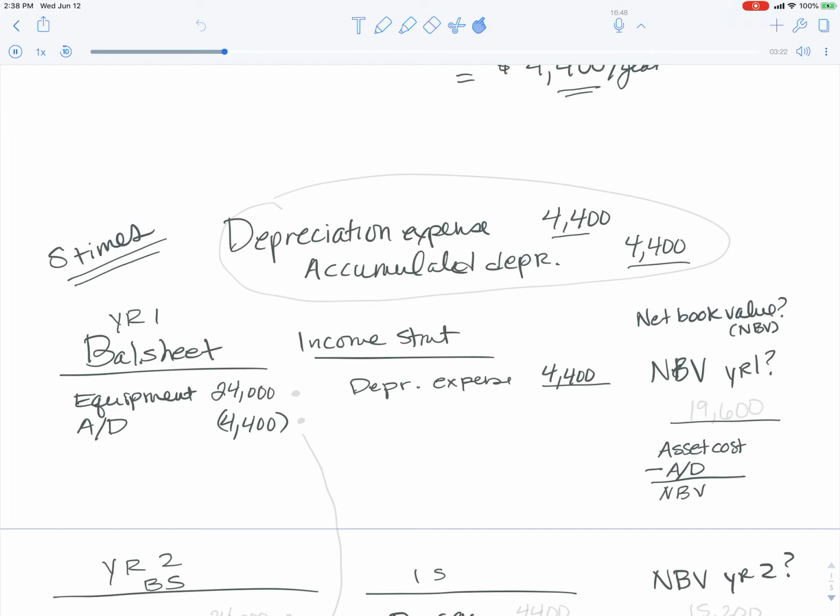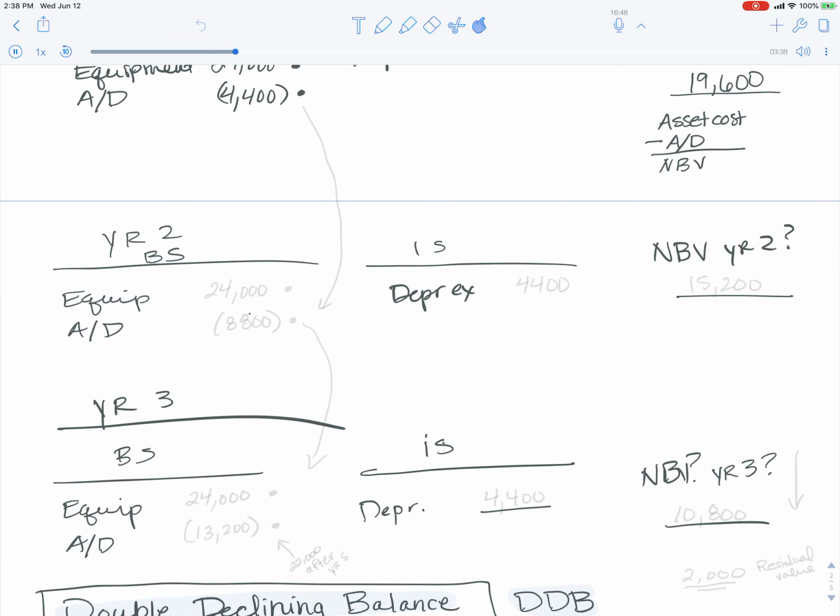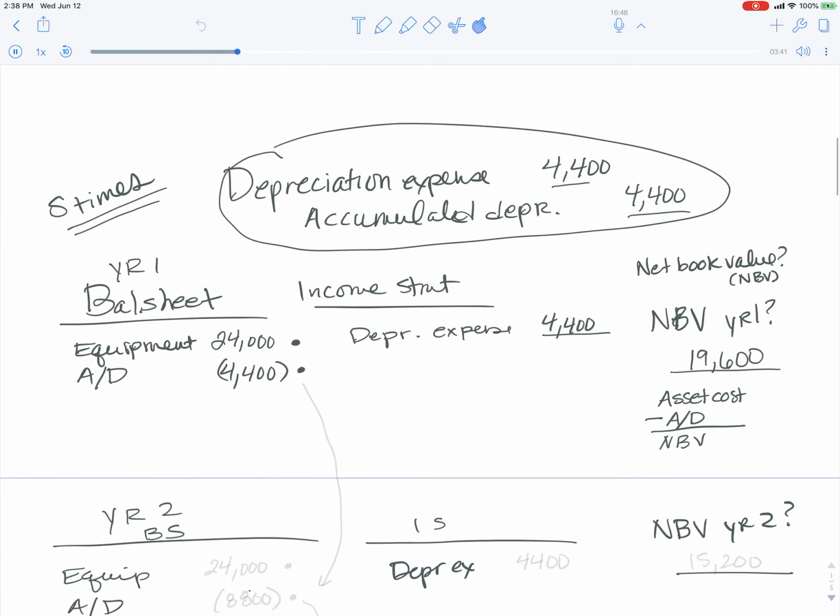That's the net book value. So in this, after year 1, we have 24,000 minus 4,400, our net book value after year 1 is going to be 19,600.